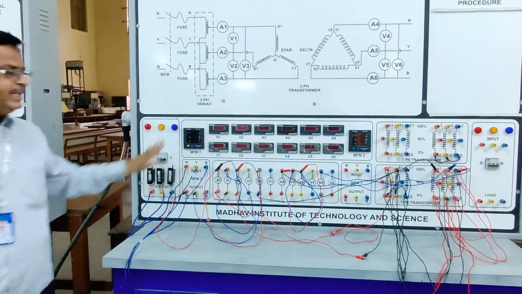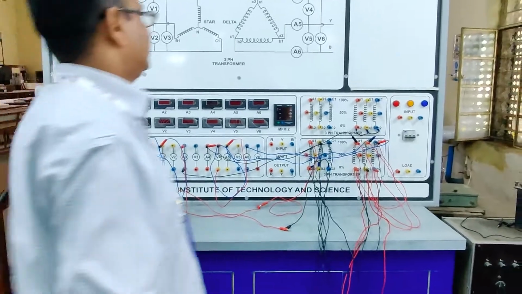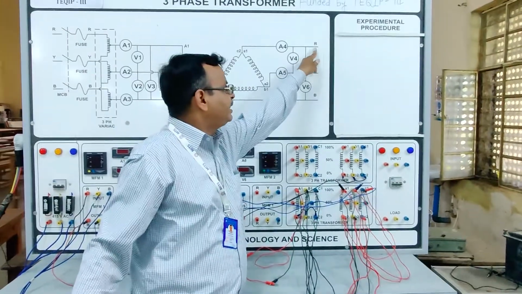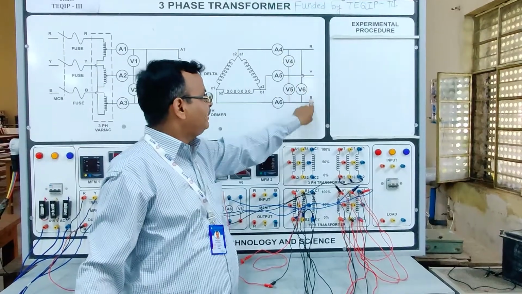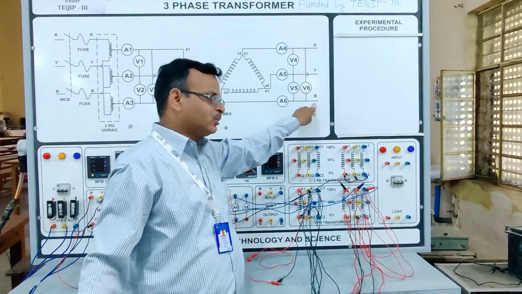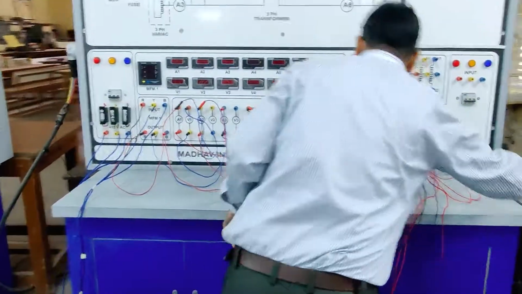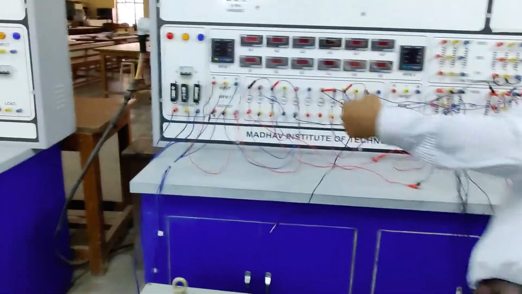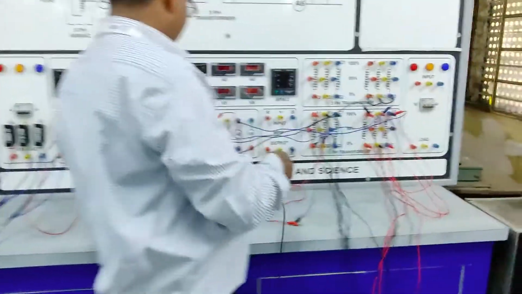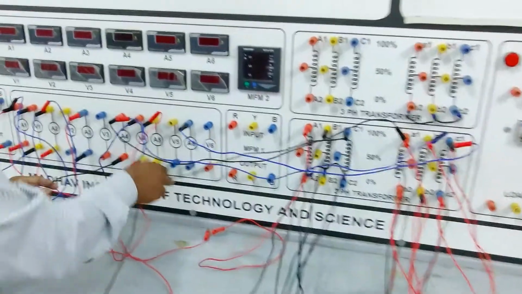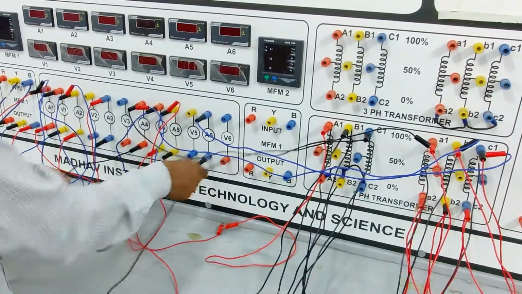Short circuit test means these three terminals R, Y, B are shorted. It means A4, A5, A6 are shorted through a wire. So we take a wire and short these three terminals like this: A4, A5 and A6.